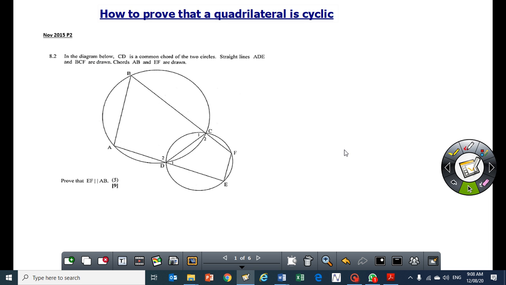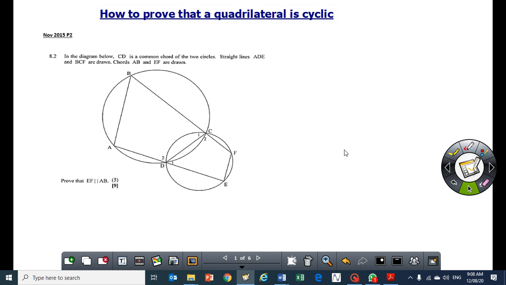The question says, prove that EF is parallel to AB. Now, this question has got cyclic quads, right? If you want to prove that lines are parallel, you must prove that they are corresponding angles, therefore they are equal, therefore those two lines are parallel.